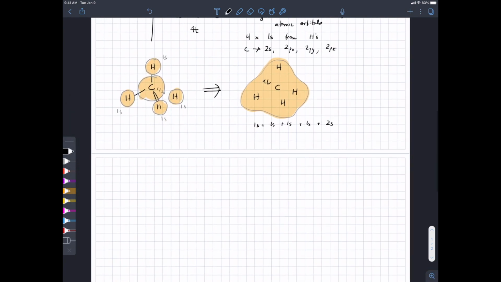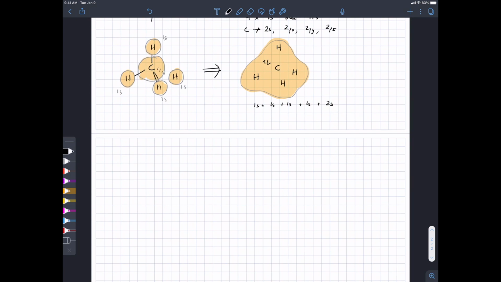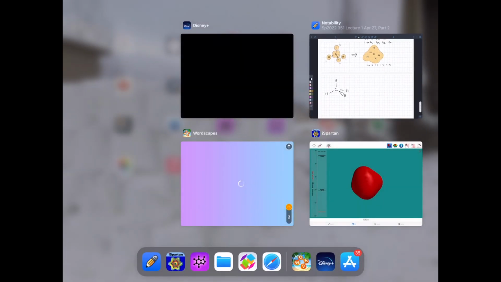Okay, what about the 2p orbitals? Well, it turns out if we choose our x, y, and z axes appropriately, let me go back to the Spartan program.